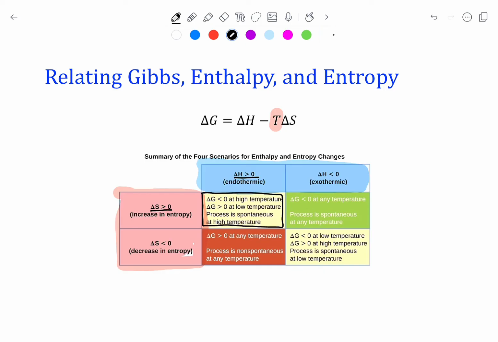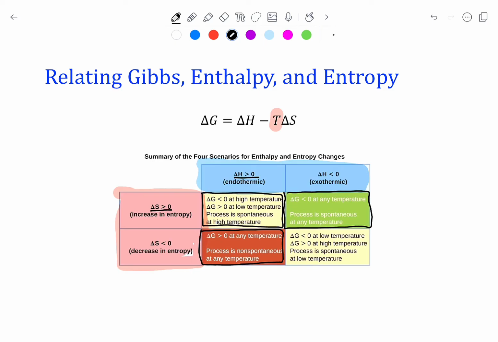Then we have if delta H is negative and delta S is positive. Delta G is always going to be negative at any temperature, regardless of what that temperature is. Therefore, the process is going to be spontaneous at any temperature. If we look at the opposite, where delta H is positive and delta S is negative, then delta G is always going to be positive and this is going to be non-spontaneous at any temperature.